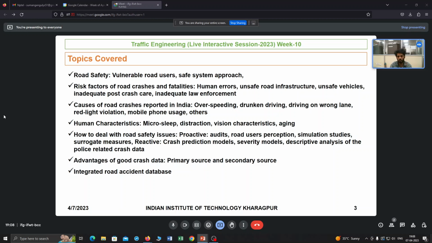So there are many problems, but recently India took an initiative. Now they have an integrated road accident database, which is maintained by the traffic police department of the respective cities.